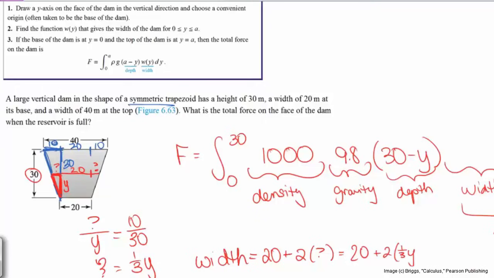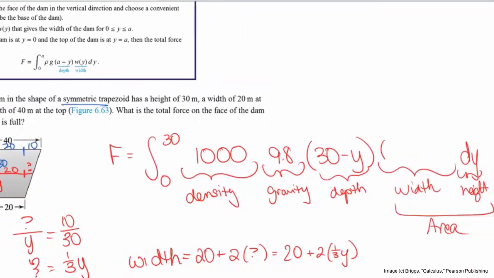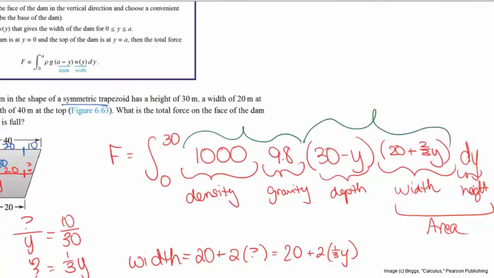And that's what we're going to put in here for the width: 20 plus 2/3 y. And we found that just by looking at the geometry of the shapes that they gave us. And that's all the pieces together. And then if you wanted to integrate, you would pull out these constants, and you would FOIL together these two terms. And it would actually be very straightforward to integrate.